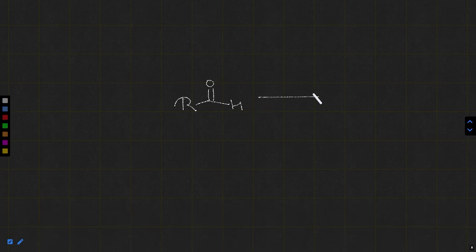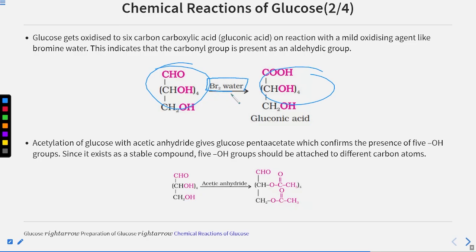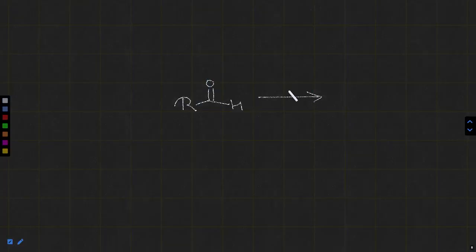Now, to understand the mechanism, you must get a clear picture of the structure of the reagent. We have said bromine water. So what is bromine water? It is basically bromine dissolved in water. Now how will this reaction proceed? We have a nucleophile again, Br2, H2O. Now some of you will ask why not Br2, and why H2O?